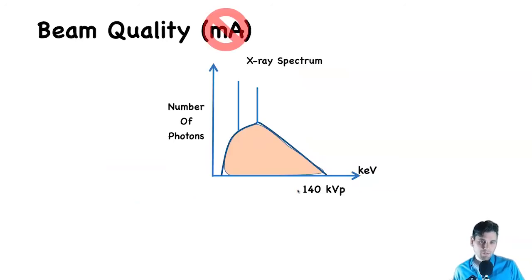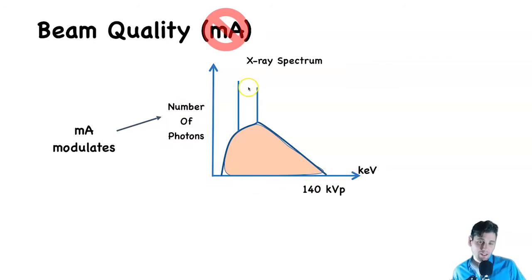Beam quality as a function of mA. So I kind of give it away in the little title there: is beam quality a function of mA? What we're talking about here is mA is only affecting the number of photons. It's not affecting the shape of this curve.